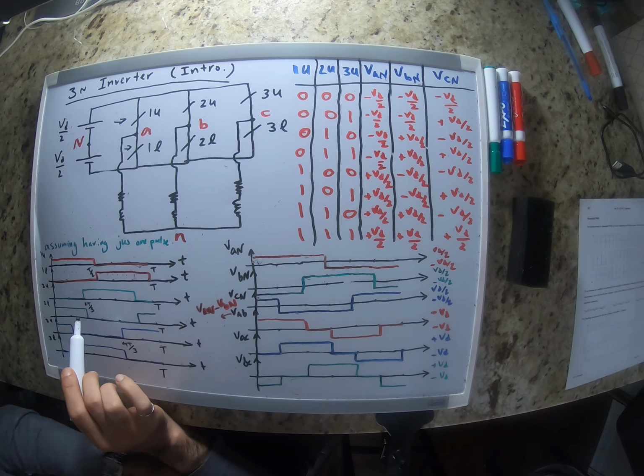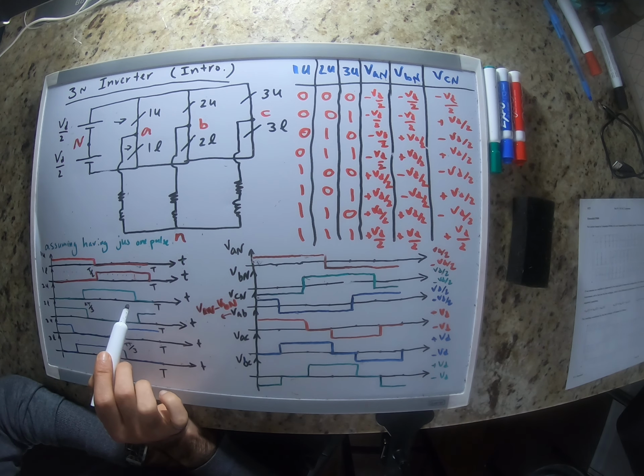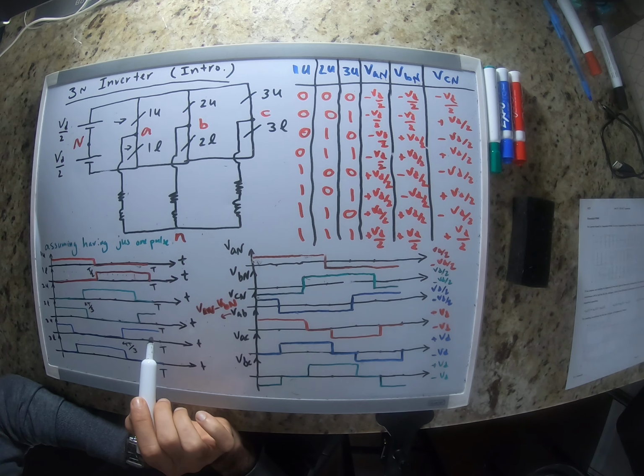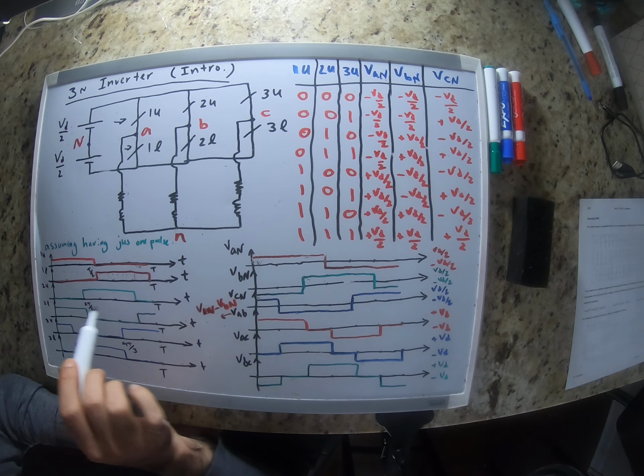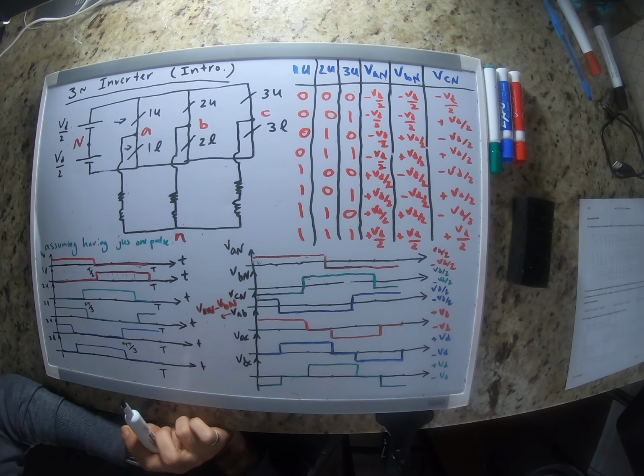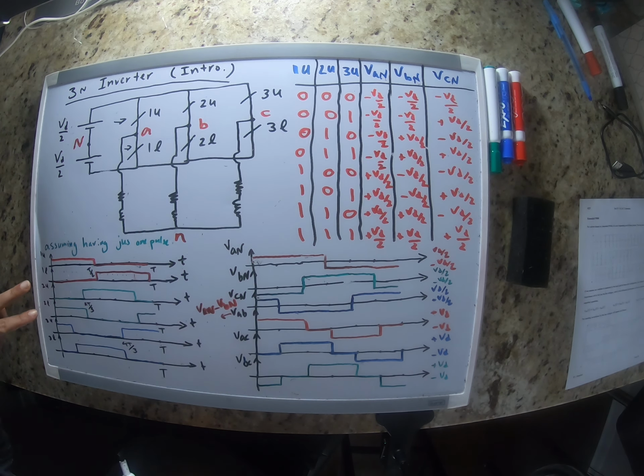It's on again for 180 degrees and off for the rest of the period, and this would go on. I only draw one period, but it would continue. Again, the lower level switch would be the complementary, the inverted version of this.